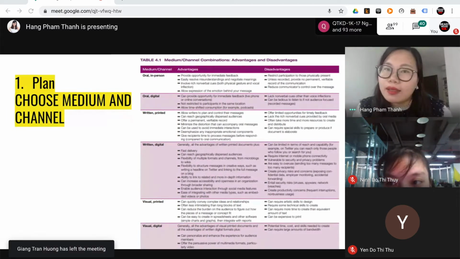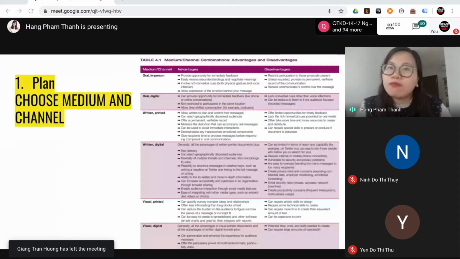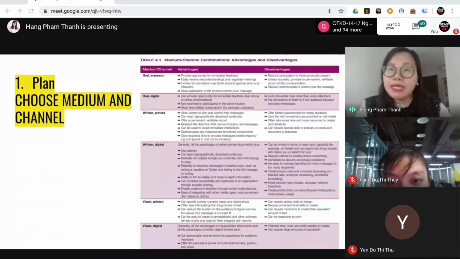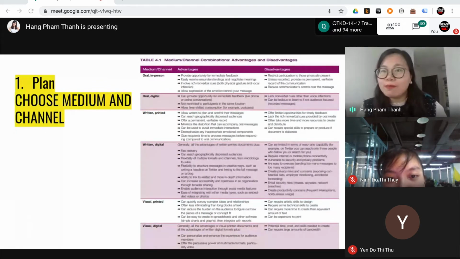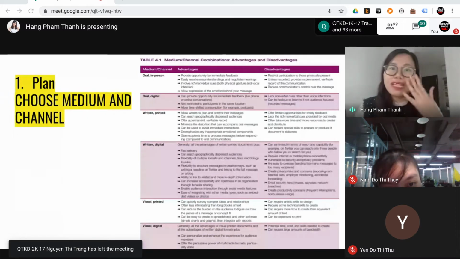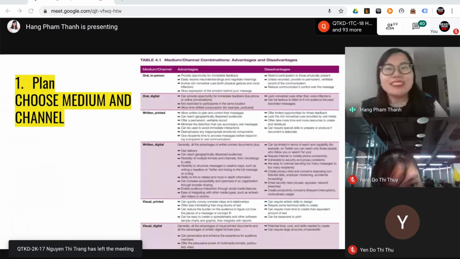You can also easily resolve misunderstandings and negotiate meanings. So as we just said, if anything may cause misunderstanding, we have more opportunities to resolve it right away. And it also involves rich nonverbal cues. For example, you can look at the facial expressions, the eye contact, the body posture and hand gestures to understand what is not said, right? Which is the nonverbal cues.